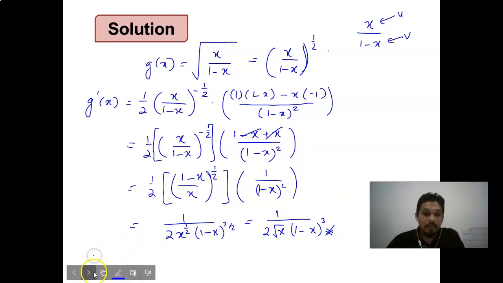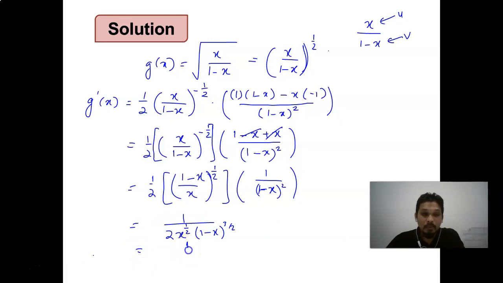Okay, let me make a correction here. It's 1 divided by, take out 2 and then in brackets x to the power of half, and then (1 minus x) cubed, because it's half and 3 over 2 is 3 times half, so take out a half outside here.